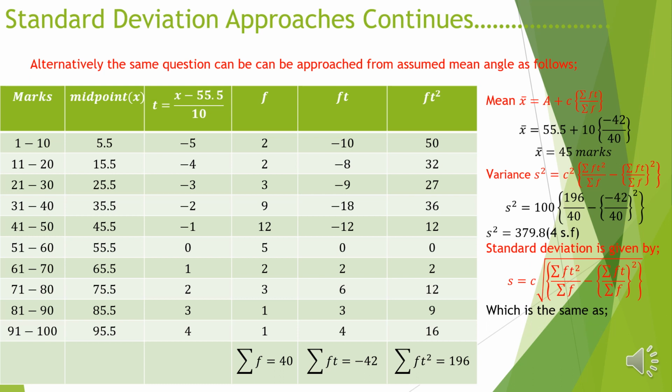This is the same as taking the square root of the variance. And this variance, we have it here as 379.8. So I'll only substitute that variance here, and the square root of that variance will give us the standard deviation, which is 19.49 to 4 significant figures.